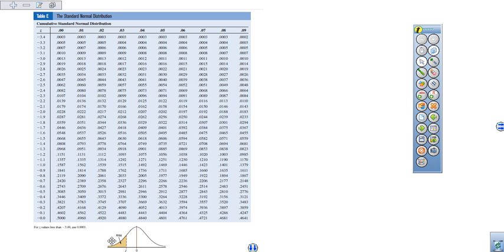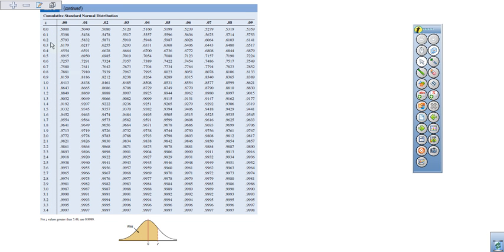All right, so if you'll notice right here, we've got our z-scores. All those z-scores right there are negative, so we're on the wrong chart. So we go to the next page, the opposite page, and you'll notice that this is all the positive. Now, think about the correlation here.